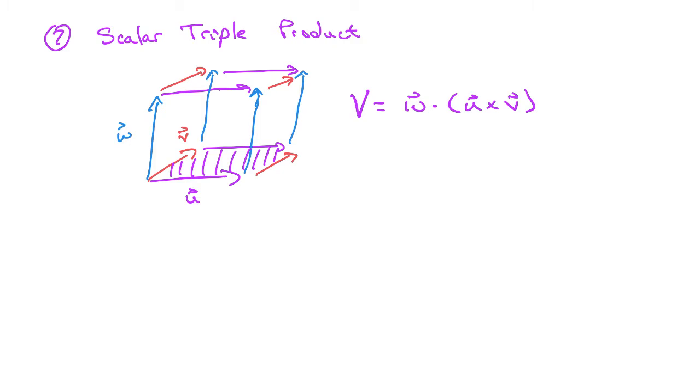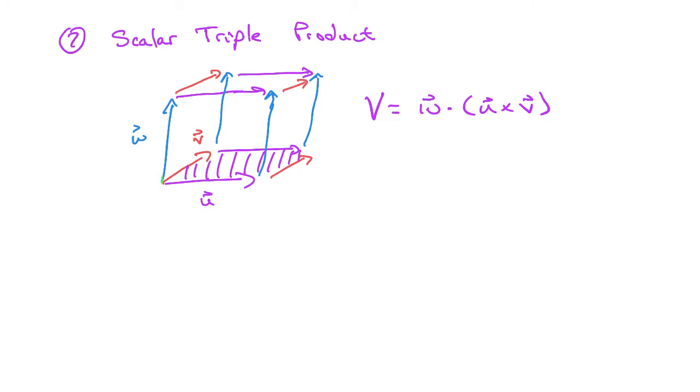And if we knew the area of that base, and then if we had the height, then we would say that the volume is equal to the area of the base times the height. Well, how do we get the height of that thing? Therein comes our orthogonality property. So our vector u cross v is actually going to be perpendicular to both u and v.